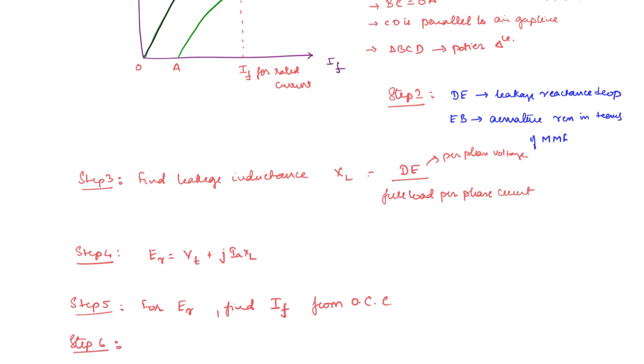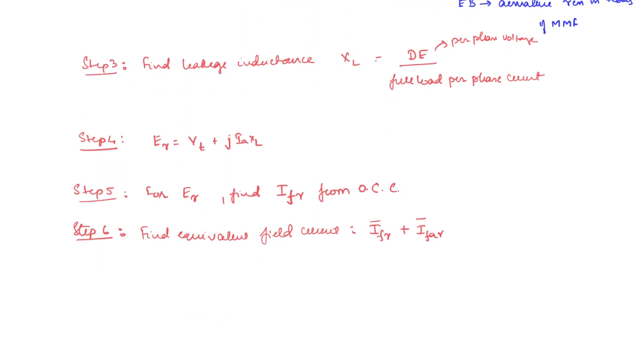Step 6, find the equivalent field current, which will be the phasor addition of IFR plus IFAR. So what is IFAR? That is the field current required for the armature reaction.